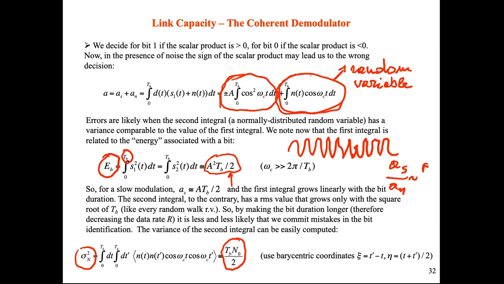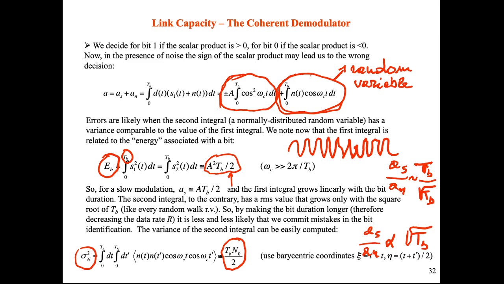So this increases, let us say, proportionally to T_bit divided by the square root of T_bit, because the variance is proportional to T_bit, and the standard deviation, which is the square root of the variance, is proportional to the square root of T_bit. So A_S divided by A_N is proportional to the square root of the bit duration.